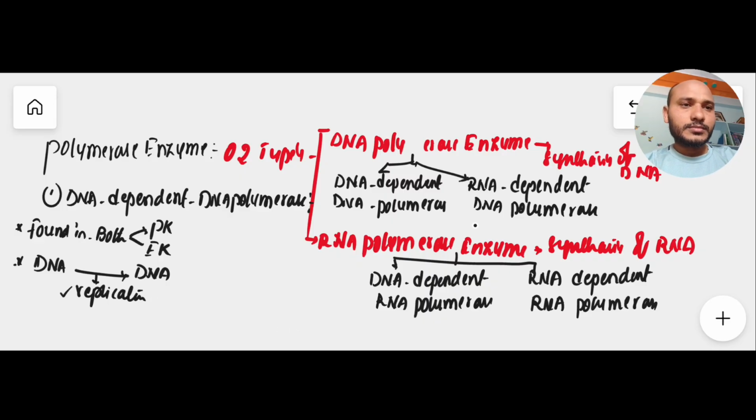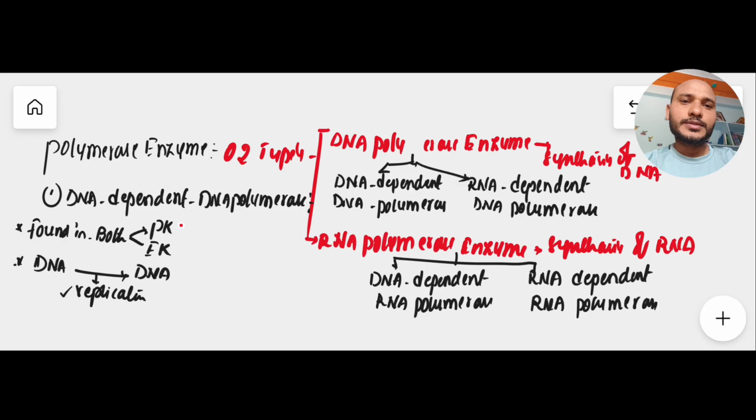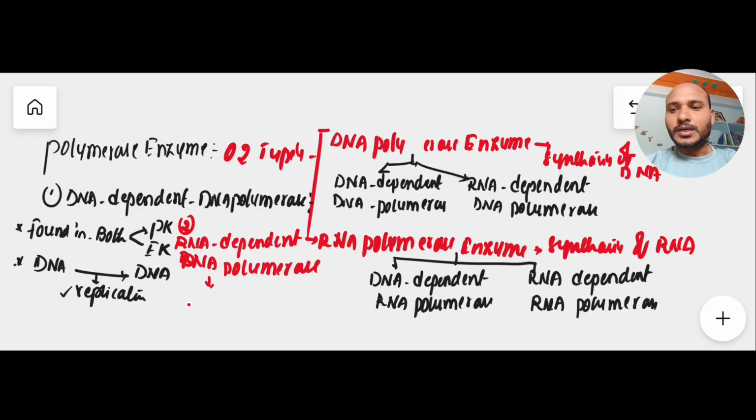Now coming to RNA dependent DNA polymerase enzyme. These enzymes are mainly found in viruses.